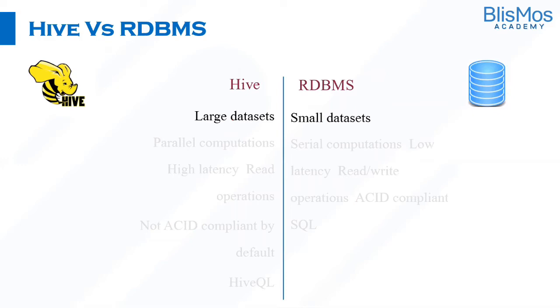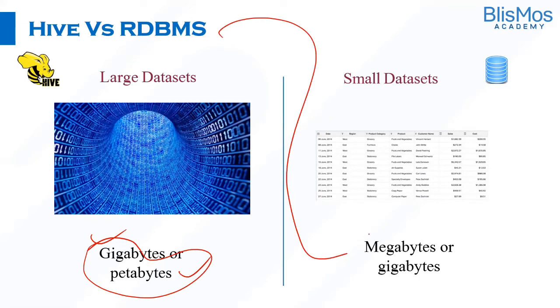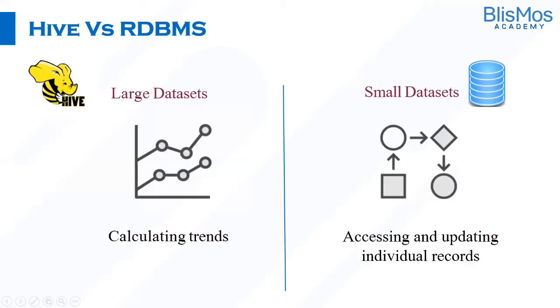As we already understood, Hive uses the large data sets, RDBMS uses the small data sets. In Hive, we potentially try to deal with gigabytes or petabytes of the data. On the other hand, in the RDBMS, we usually deal with megabytes or gigabytes of the data. We use Hive on the large data sets for calculating the trends.